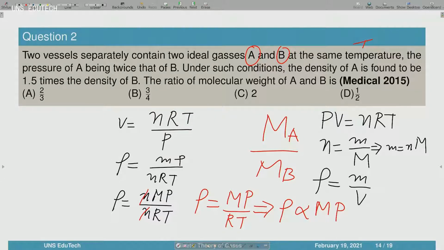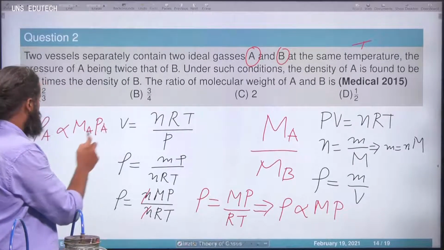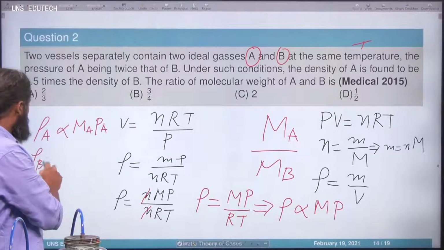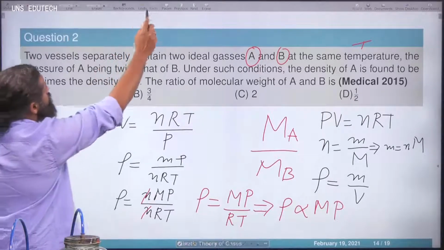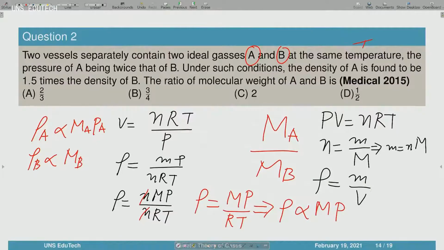For example, rho A will be proportional to MA into PA, and rho B will be proportional to MB, the molecular mass of B, into pressure of B. Take the ratio, and you will directly get the answer.